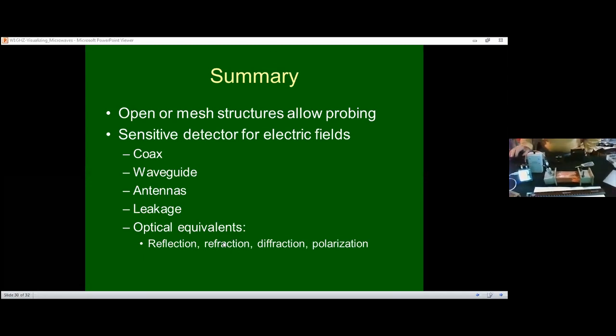You could do refraction with the dielectrics. Diffraction, that's a good one. That takes a little fiddling to get right. And polarization we demonstrated, but you can check that. If you have an antenna that you think is circularly polarized, you could at least poke around and see that it sort of is. So once you've got a detector like this, you can do a lot of things. Or it's just a cheap power meter.